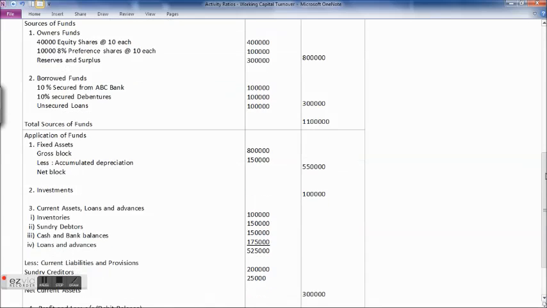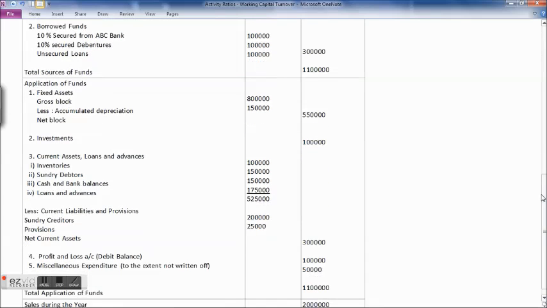Now application of fund. You have fixed assets, gross block 8 lakh, less accumulated depreciation 1,50,000, so your net block is 5,50,000. Then investments 1 lakh. Current assets, loans and advances: inventories 1 lakh, sundry debtors 1,50,000, cash and bank balances 1,50,000, loans and advances 1,75,000. So total of current assets, loans and advances is 5,25,000.